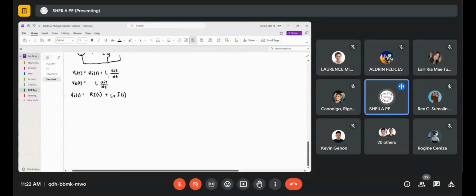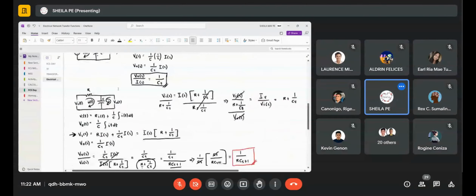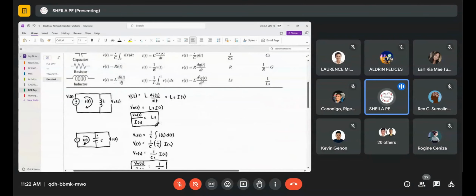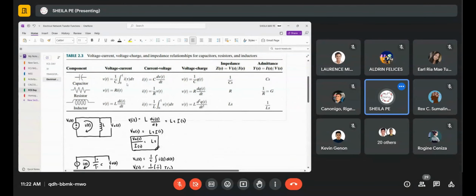Let's talk about the inductor class. What I wrote earlier is in terms of voltage. And when we say capacitor, that's in terms in here. In terms of capacitor, it's in resistance form. So that's resistance R, V equals IR.